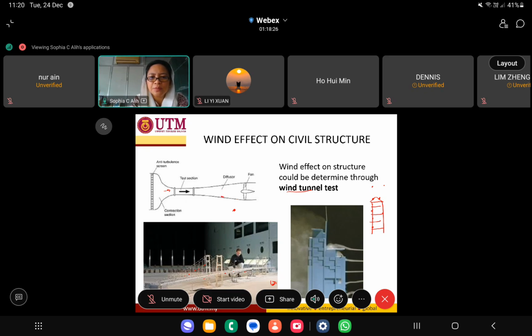They first see the pattern of the wind flow, whether there is vortex excitation coming, and they put sensors on some parts of the structure in order to get how much pressure comes from the wind. And from there, they can go through some verification model in order to design the structure using the parameters they get from the wind tunnel test.